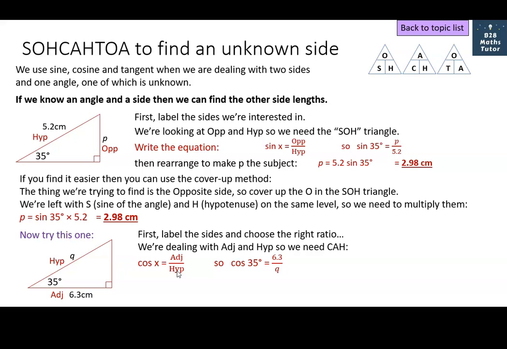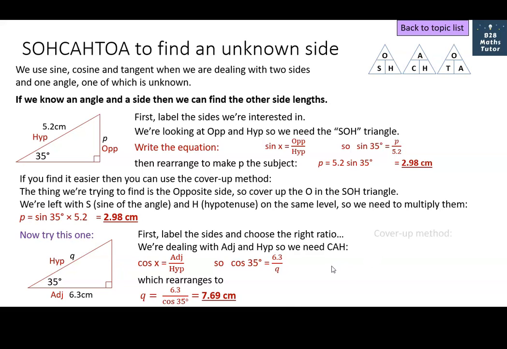In this case, that means that cos of 35 is 6.3 over q. Rearrange that, multiply by q, divide by cos 35, and you end up with q is 6.3 divided by cos 35. Again, stick it in your calculator and you get 7.69 centimetres.